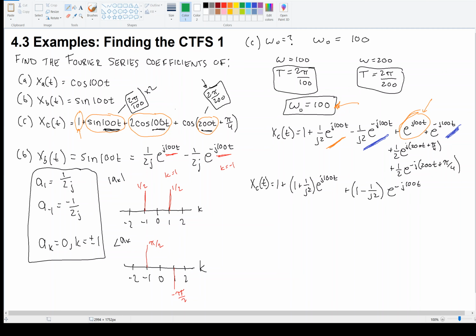Okay, now I'm going to use properties of exponents for the remaining two terms, and I'm going to write this as 1 over 2 times e to the j pi over 4 e to the j 200t. Okay, that's the second to the last term, that one. Then plus 1/2 e to the minus j pi over 4 e to the minus j 200t, like this.